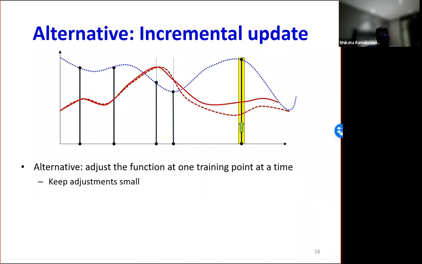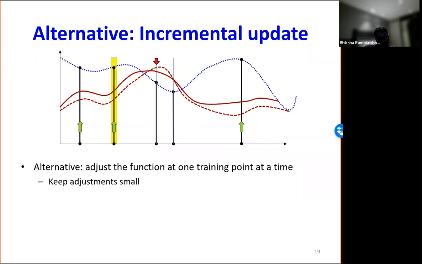You might first try to adjust the training function at this point. It's going to push it up over here. That's going to have an effect at other places, but if this adjustment is small enough, what happens at other locations is going to be relatively minor. Then we randomly pick up some other point, and then we push the function up there, correct the function up there. And then maybe we pick up this point, and here the function is above the target function. We push it down here.